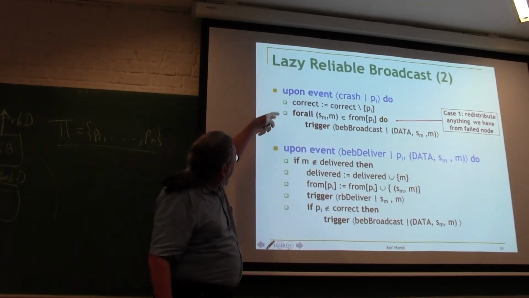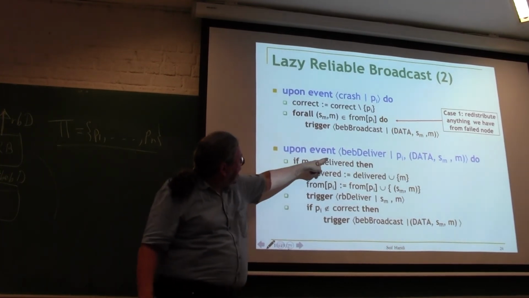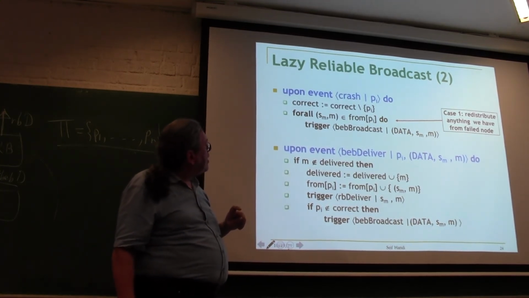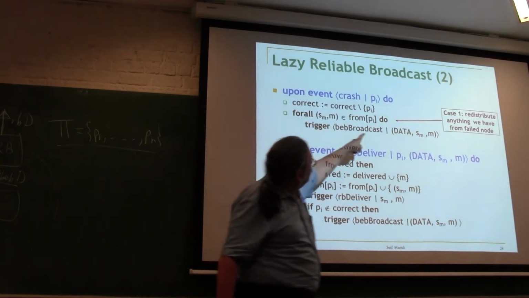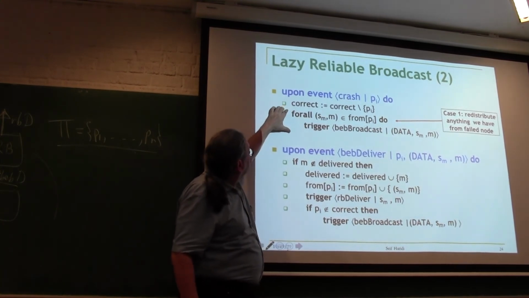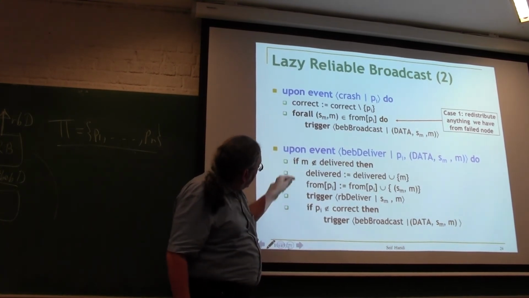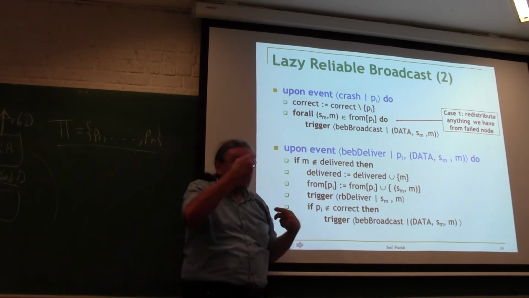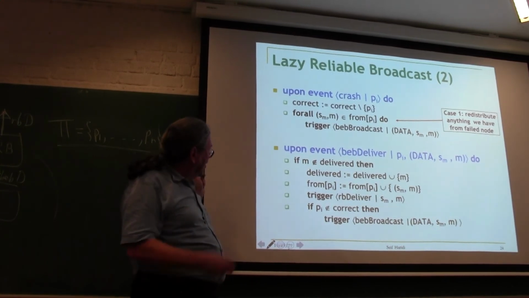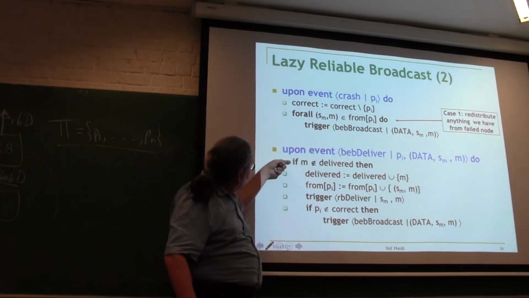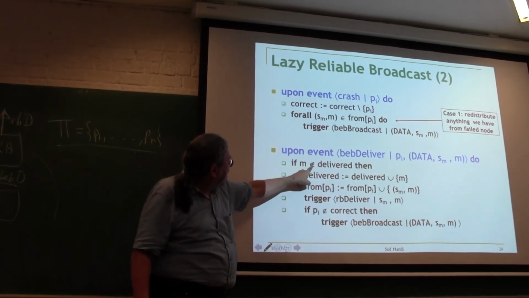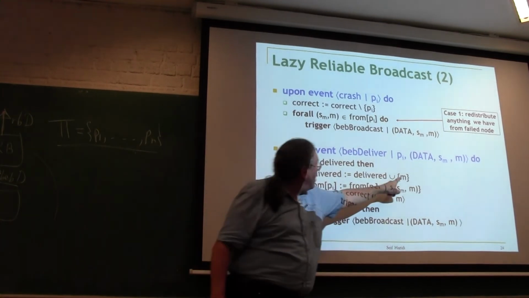So this is the crash, but the other case is when you actually get a delivery. Here we have handled the case when we got the delivery before the crash. Here we do delivery, but we have to handle the case when the crash actually happened before. So here, for example, we only do something the first time we get the message. We have this if M is not delivered, and then we add M to the delivered set.